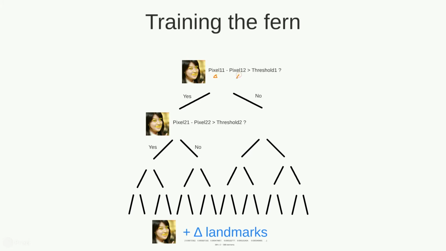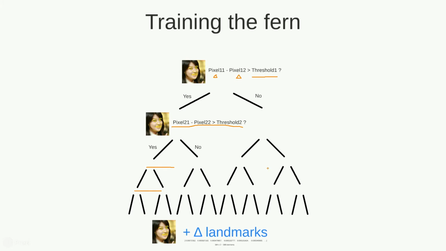Out of the 400 pixels, we just select 2 of them randomly and set a threshold within a range, but also very randomly. And this way we generate the 4 questions. And with these 4 questions, we'll be able to classify all the training images into 16 bins or 16 groups.